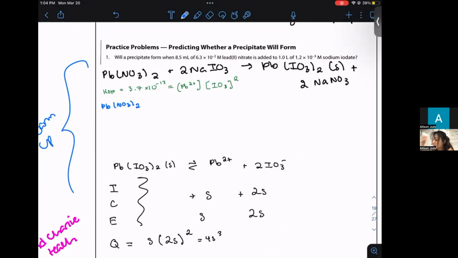So what did we get for the diluted concentration of Pb(NO3)2 after mixture? And then we need the diluted concentration of NaIO3 to give us the source of IO3.